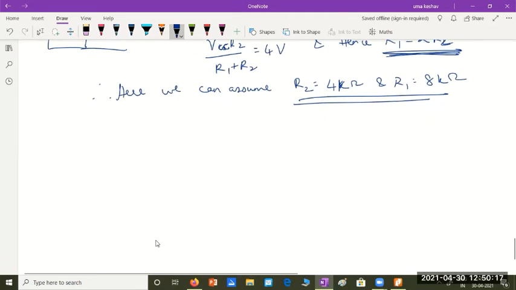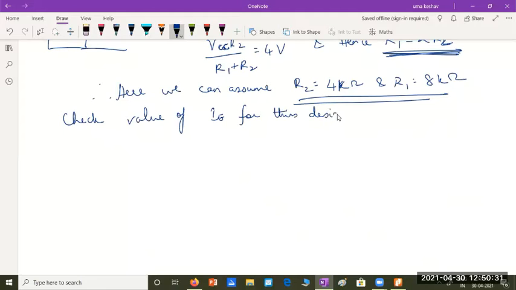Now for this design, I want you to check the value of IE again for the new design. Please do it. The expression for IE remains the same: VTH minus VBE divided by RTH by 1 plus beta plus RE.